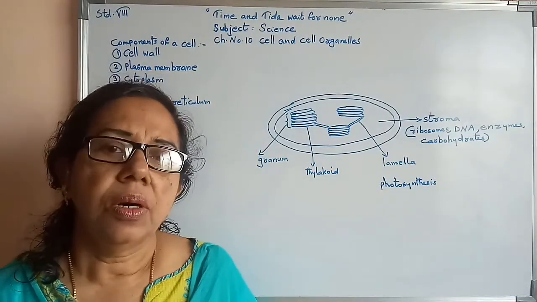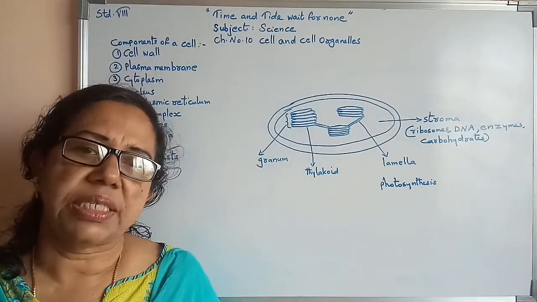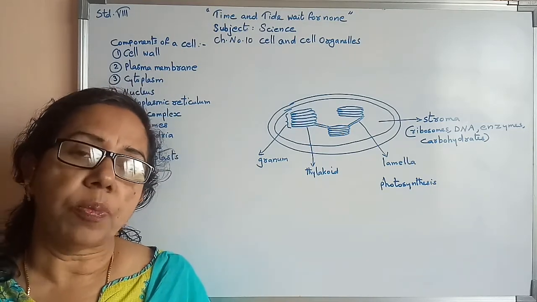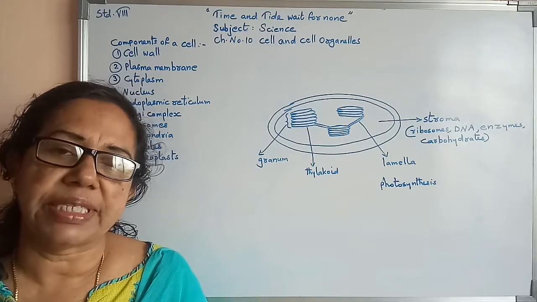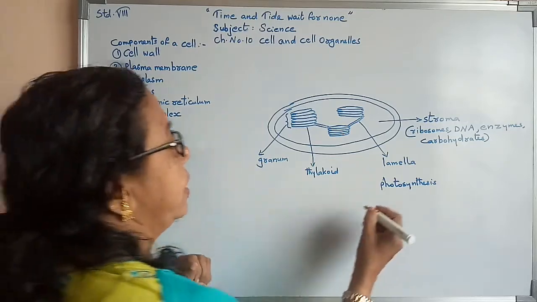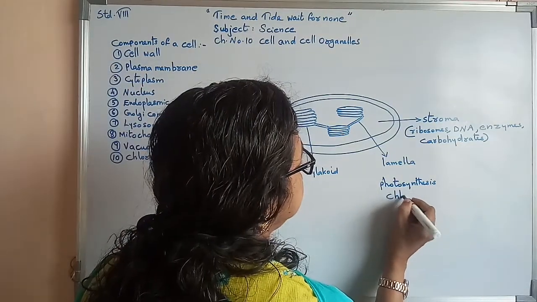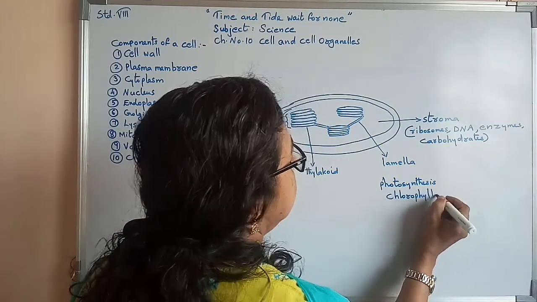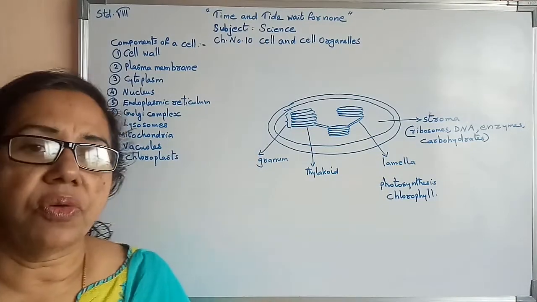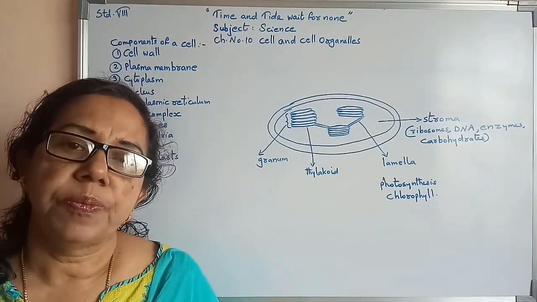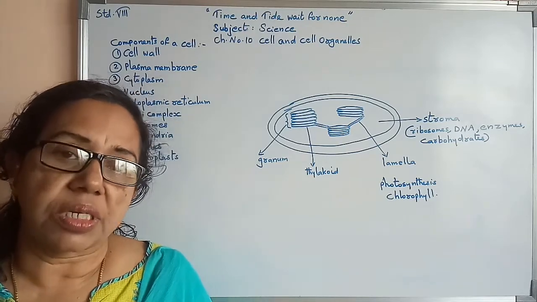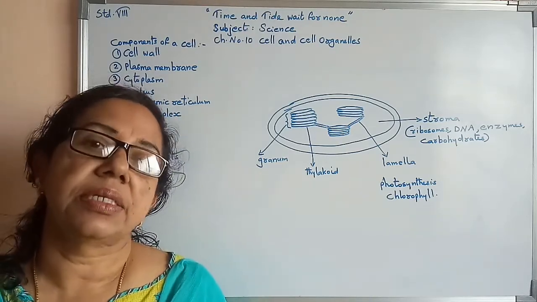The main function of chloroplast is photosynthesis. Inside the chloroplast, a pigment is present. That pigment is known as chlorophyll. This chlorophyll helps to absorb solar energy and convert it to chemical energy.